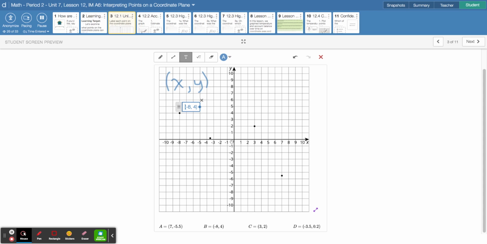It's not even halfway through, so 2/10 makes a lot more sense for this one. So this one right here, I'm going to be using the coordinates (-3.5, 0.2). And that is D.